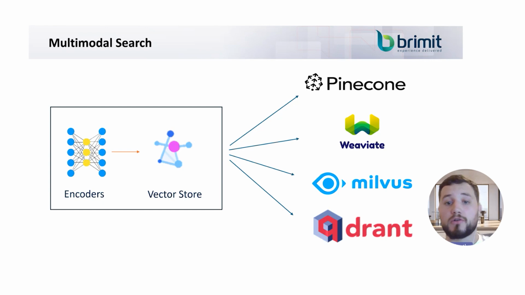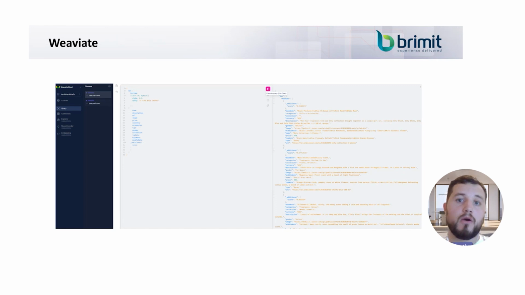It has a lot of features like multimodal search, hybrid search, integration with OpenAI, and much more. On the screenshot, you can see the Weaviate dashboard and an example search query. My key phrase sounds like "I like blue Chanel", and I get a result from my system.